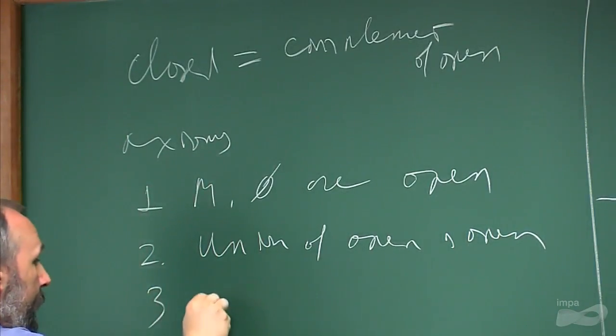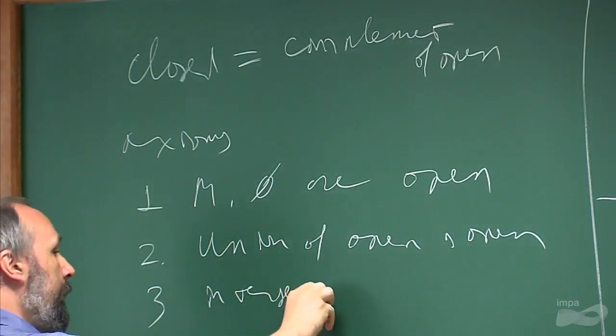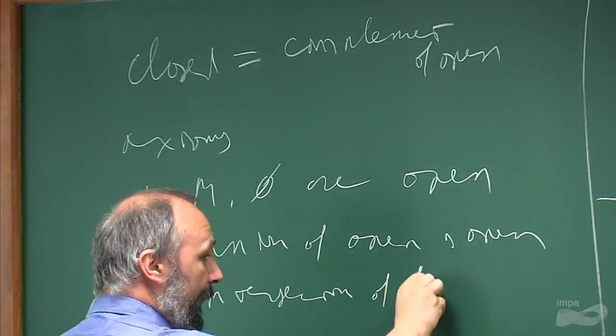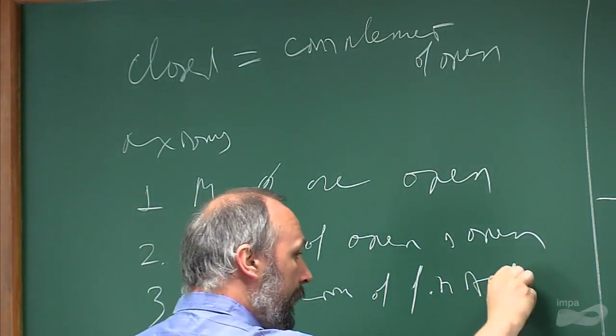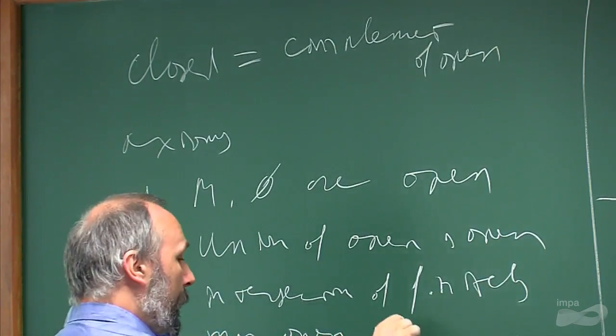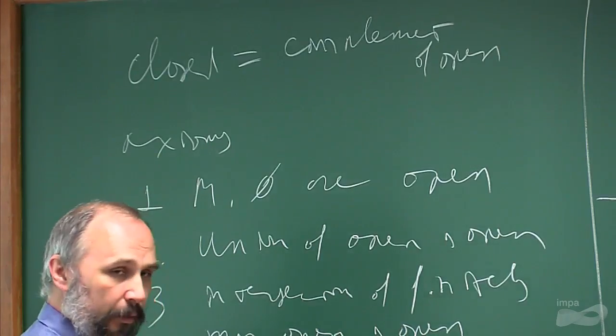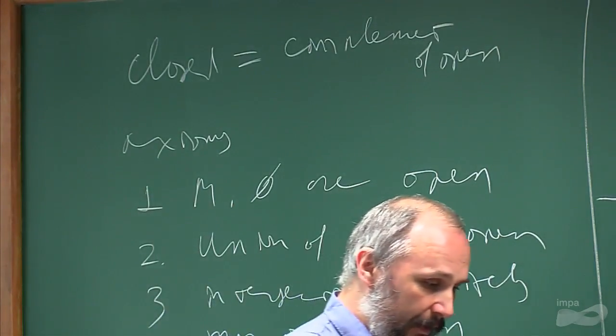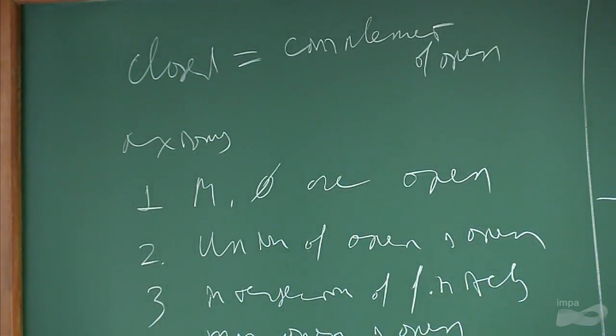And third, the intersection of finitely many open sets is open. If you go to the complement, this means that the union of finitely many closed sets is closed, and the intersection of any family of closed sets is closed.